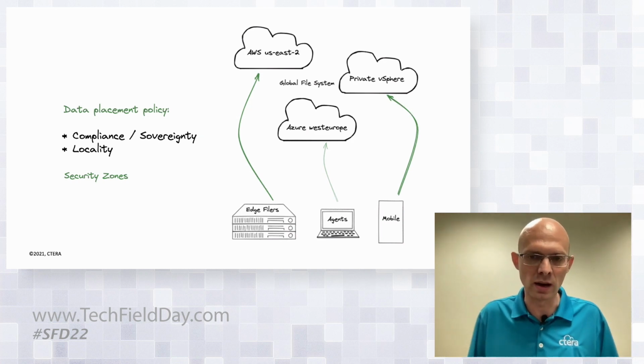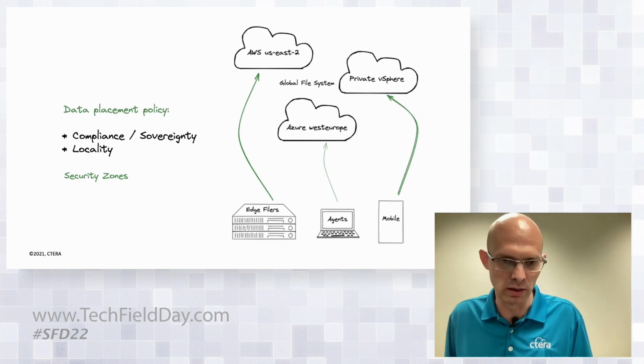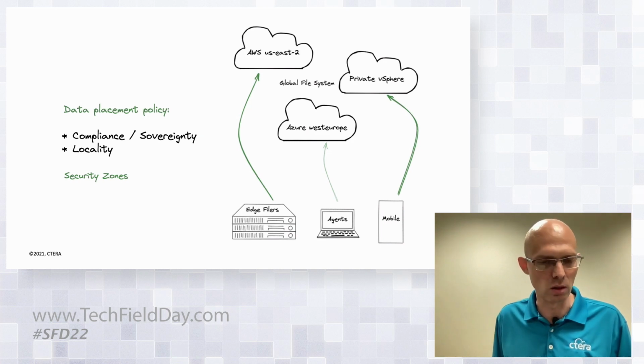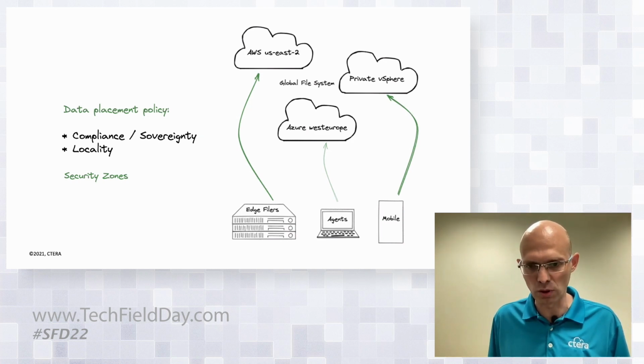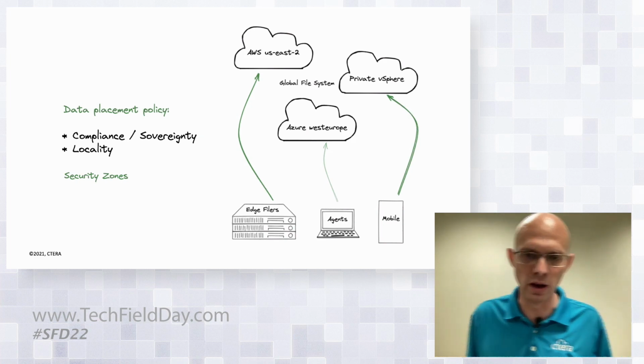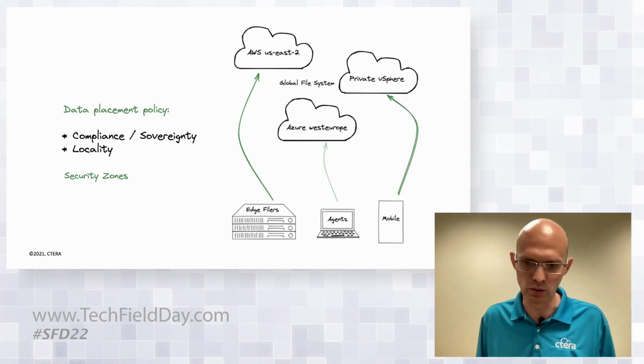By regulation, you're not allowed to have your employees in China access these files. So you can define security zones, tag a folder with a specific tag, and say this is a restricted folder. This folder may be accessed only from Germany, or from a specific set of filers in specific locations.